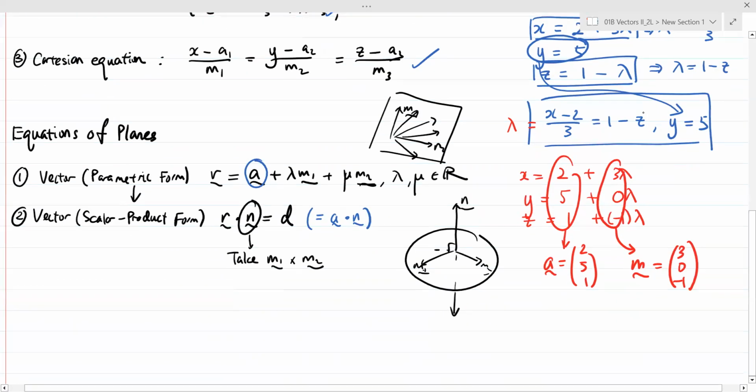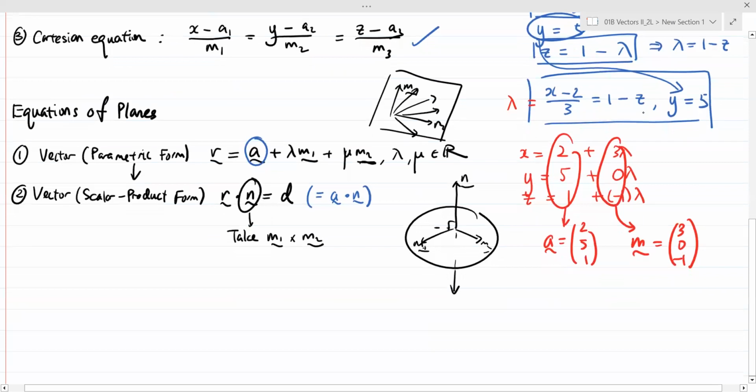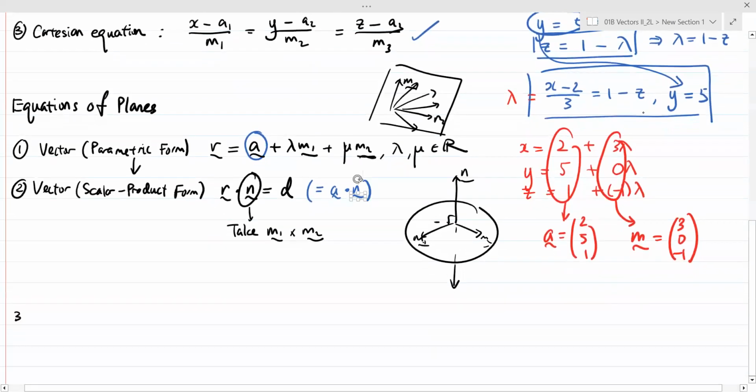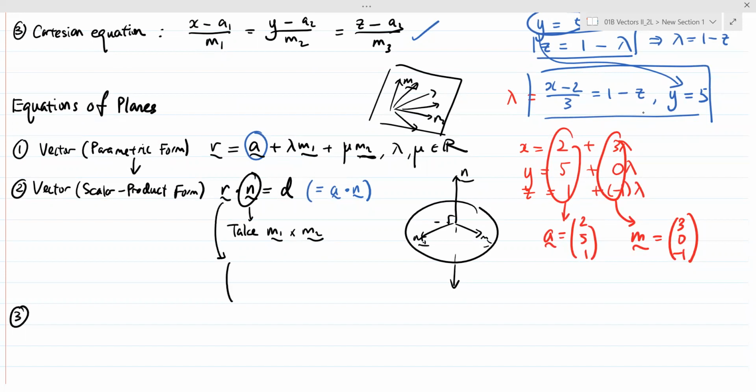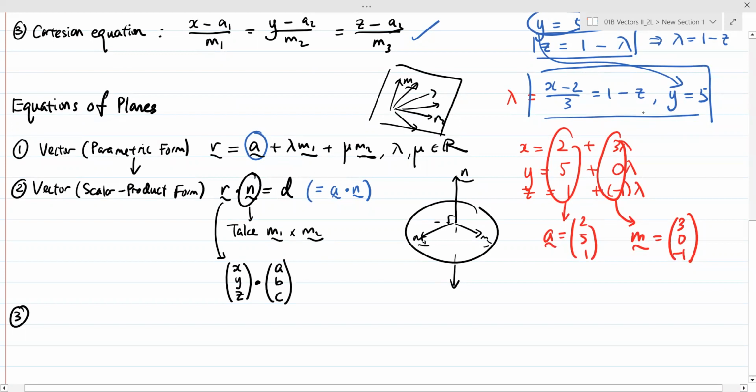Okay, so Cartesian, actually once you have the scalar product form, you can get the Cartesian form almost instantaneously, right? Because R is x, y, z. Your normal vector looks something like this. Once you expand, you have ax plus by plus cz equals d.